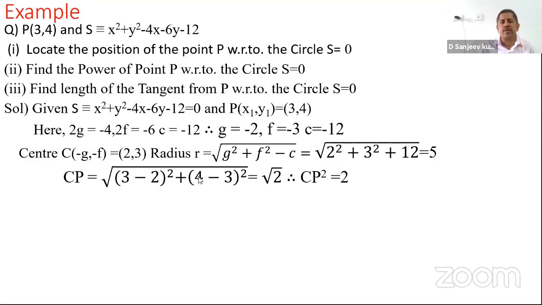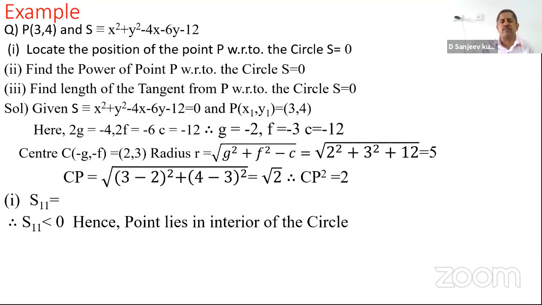So 1 square plus 1 square, 1 plus 1 is 2. So CP is square root of 2. So what is CP square? Square of root 2 is 2. Right.